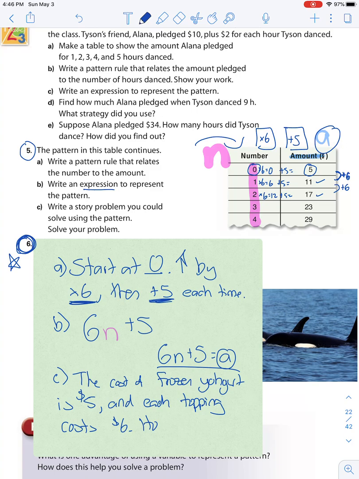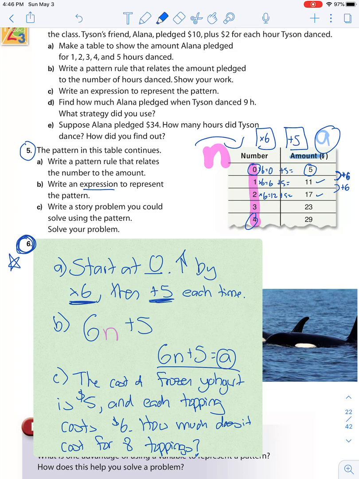That could be an example of a story problem. Maybe I want to know how much it costs, I'm going to go more than 4, I'm going to say I want 8 toppings. Okay, that could be an example of a story problem that you wrote.